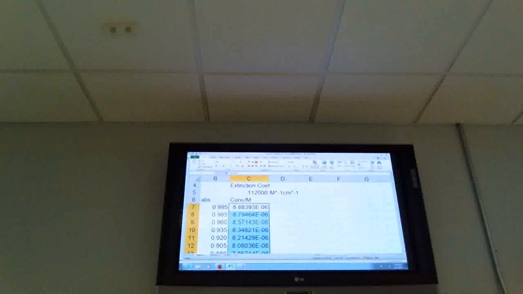But I have too many digits here. It's too hard to read, so I'm going to cut it down. Let's cut it down to, let's say, 3 digits or even maybe 4 digits because it doesn't change much. And then we can center this as well.